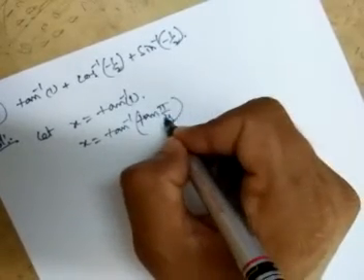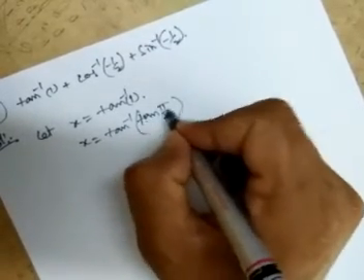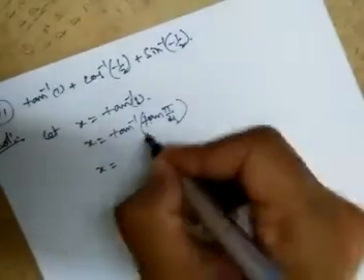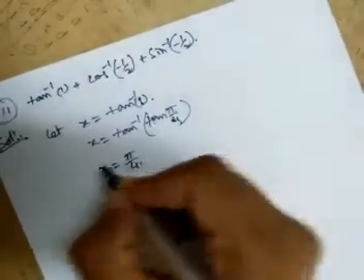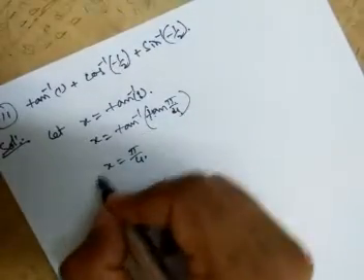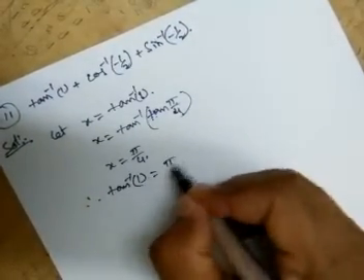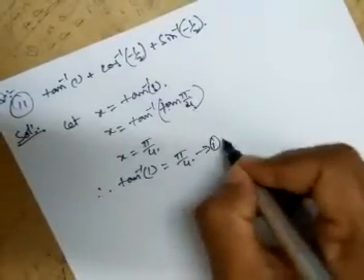In place of 1 I am writing pi by 4. Why? Because tan pi by 4 equals 1. Tan inverse tan cancel, then x equals pi by 4. So therefore tan inverse of 1 equals pi by 4. This is the first equation.